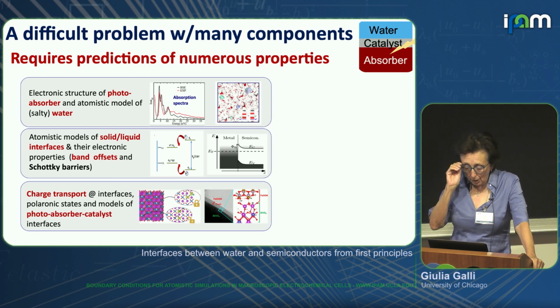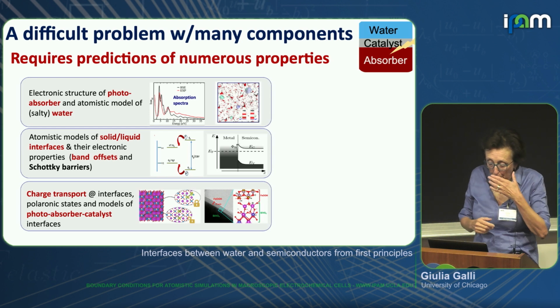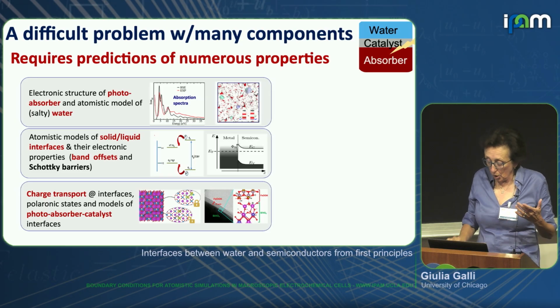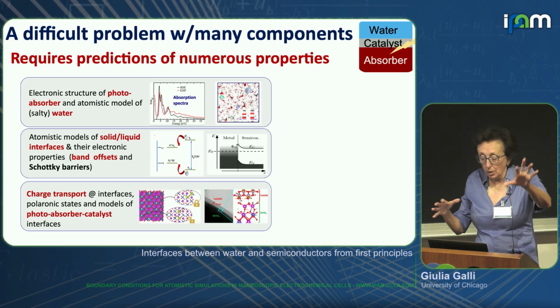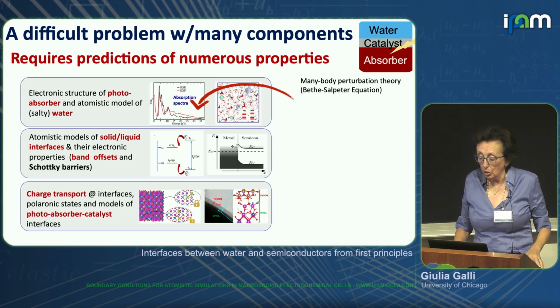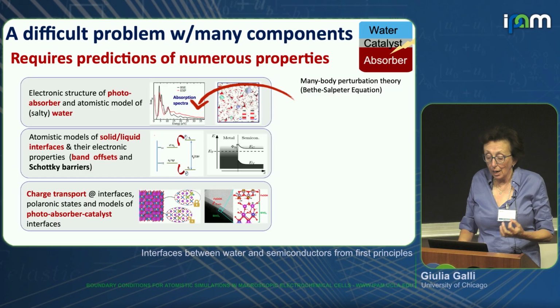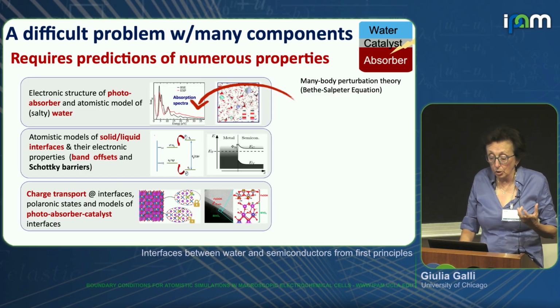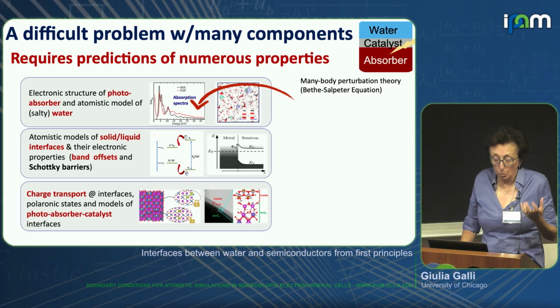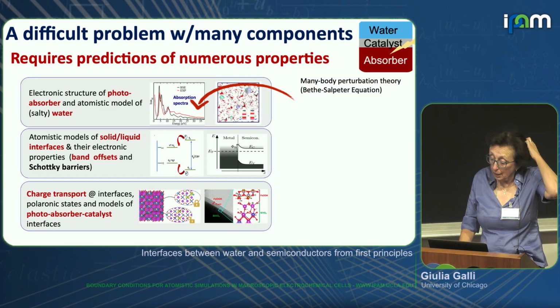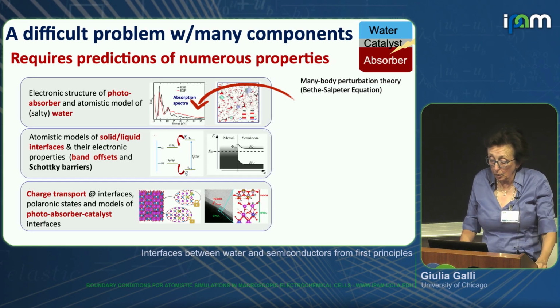So now let's see how we solve some problems here. We want to put together an insulator and water, and so we need to understand whether the absorption spectra are good or not. For this, usually when we start looking at the oxide, we do many-body perturbation theory with the Bethe-Salpeter equation.